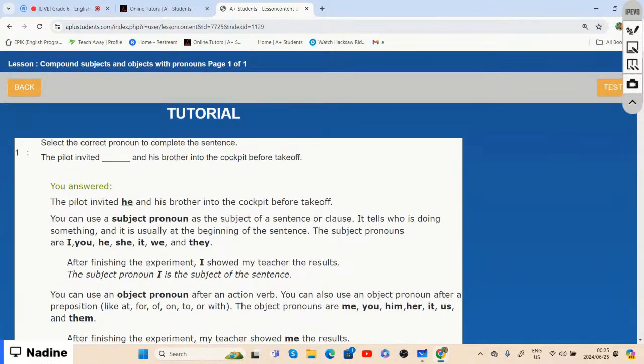All right, so here it says the pilot invited and his brother into the cockpit for takeoff. We need to choose the correct pronoun to complete the sentence.